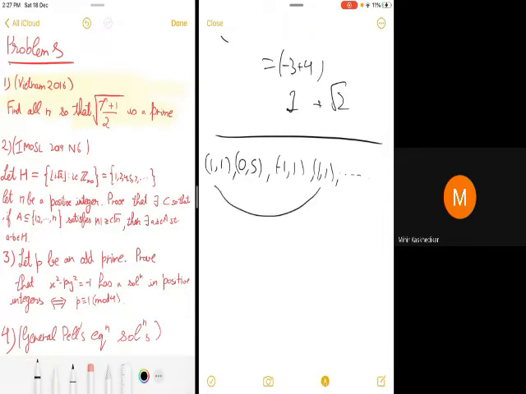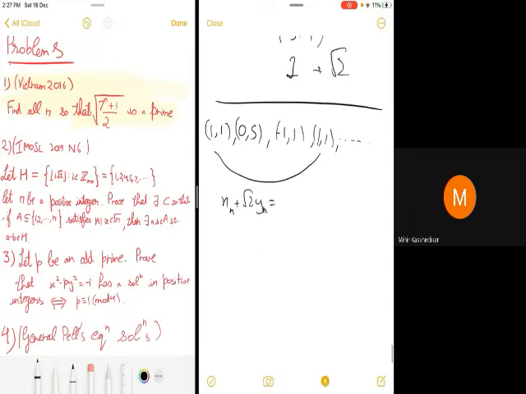Because x_n plus root 2 y_n is, by the same reasoning, (n minus 1) times (x0 plus root 2 y0) squared. So you would get k congruent to 2 modulo 3 in the above expression.